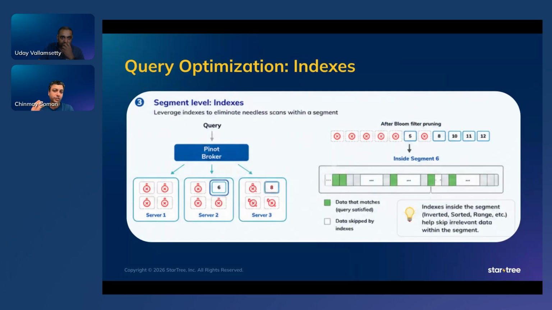This is where I think the differentiation starts kicking in. Now we know exactly which servers we want to talk to, and we know exactly which segments have the data. But most query engines out there will simply scan these segments and then try to process the query. Pinot is able to do one more level of pruning at a segment level. For each segment, it leverages indexes so that, if a segment has 100,000 rows, it can selectively scan only, say, 100 rows from that large set to answer a query.